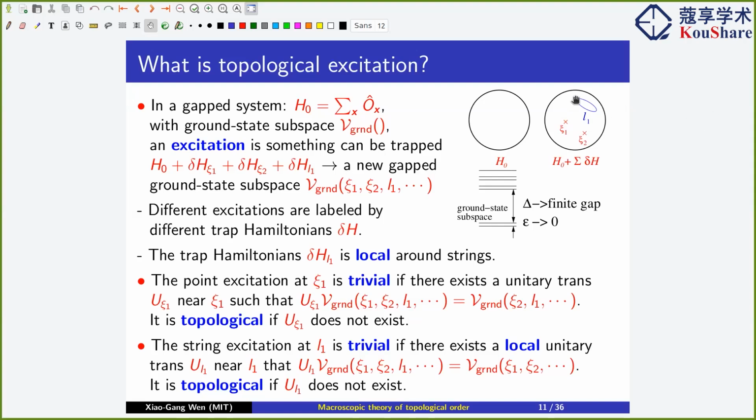When you have a string excitation, my trap Hamiltonian should be a local Hamiltonian around this string. That's very natural. We will deform this local Hamiltonian among local Hamiltonians, and that deformation class is also local. This seems very natural. But however, this definition has a problem.